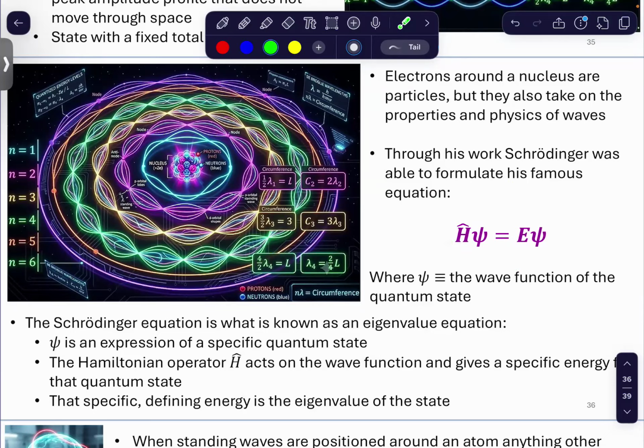It's a mathematical expression that, when I put it next to psi, will actually do things to psi, like take a derivative or square psi, something like that. The Hamiltonian operator will act on the wave function, and what comes out is a value that is a very specific energy. That very specific energy is your eigenvalue. It is a defining specific energy that belongs only to this quantum state. That's what we mean by eigenstate.